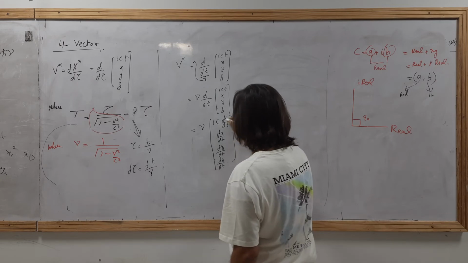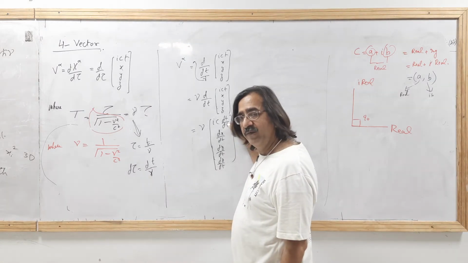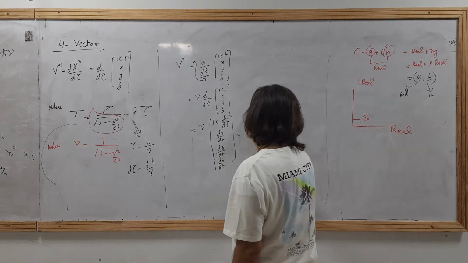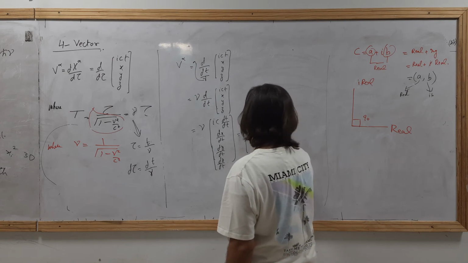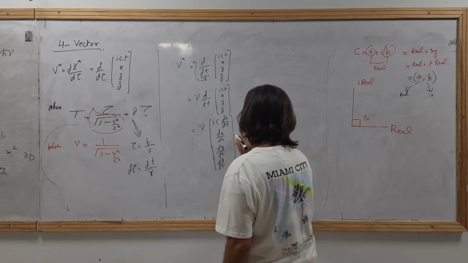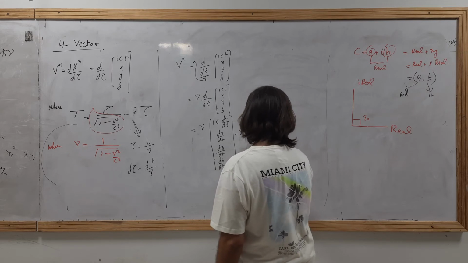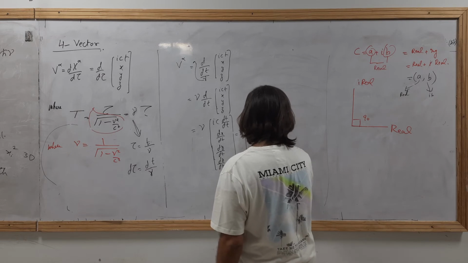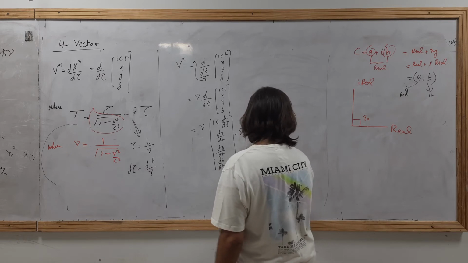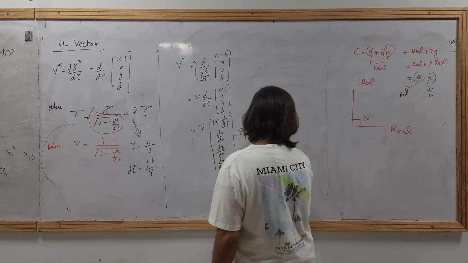Okay, derivative of t with respect to t will be 1, and so that will be iota c, gamma is multiplying vx, vy, vz.